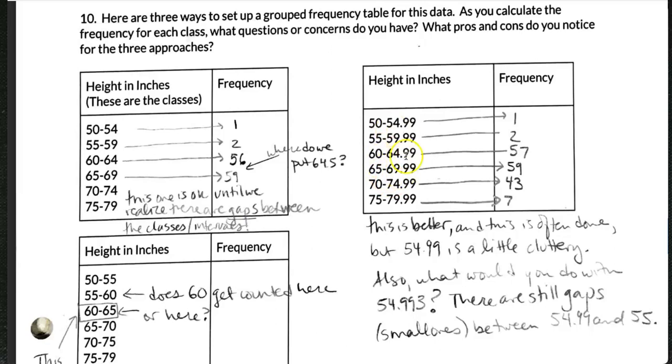I find this a little annoying though, because writing 0.99 is cluttery, and it's still conceivable that you get a data value that would slip between the cracks. 54.993 would still not be covered.